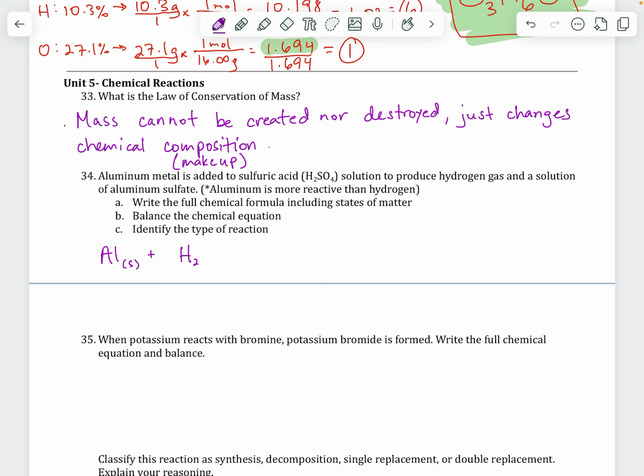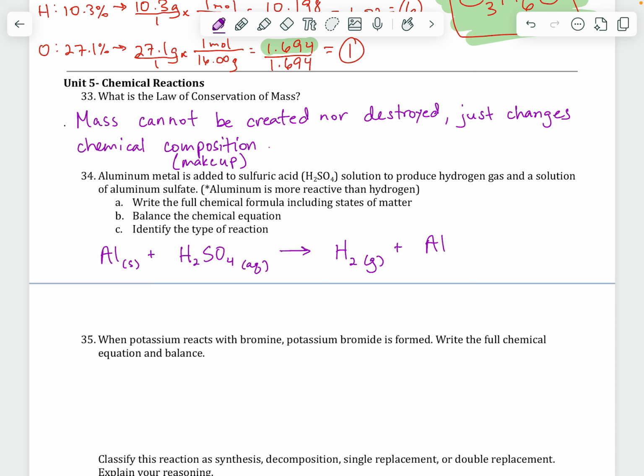All acids are going to be aqueous solutions, to produce hydrogen gas. Remember, hydrogen is Hänkel-Brief, or whatever you want to remember it by, but because it's by itself right now, it is existing as a diatomic, as a pair. Hydrogen gas plus a solution of aluminum sulfate.